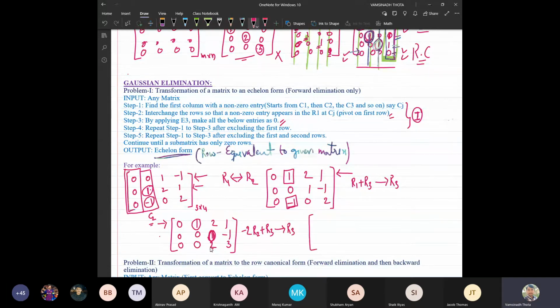Then after applying this elementary row operation, what we will get? 0, 1, 2, 1, and then the second row, no change. Second row we are not doing anything. The only effect is on the third row. So what is happening here? It is 0 and it is also again 0. Now it will become 0, and minus 2 times R2, so minus into minus plus 2 plus 3, that is 5.